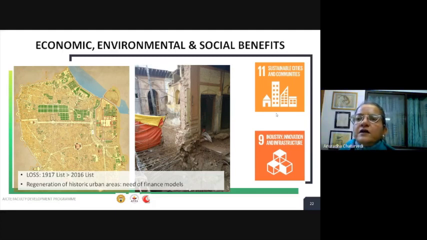If we look at the situation of many of our historic cities, which were of great significance during the medieval period, perhaps some of the most significant cities of the world in the 16th, 17th century, there has been a lot of decline and deterioration, which is evident in our historic centers.